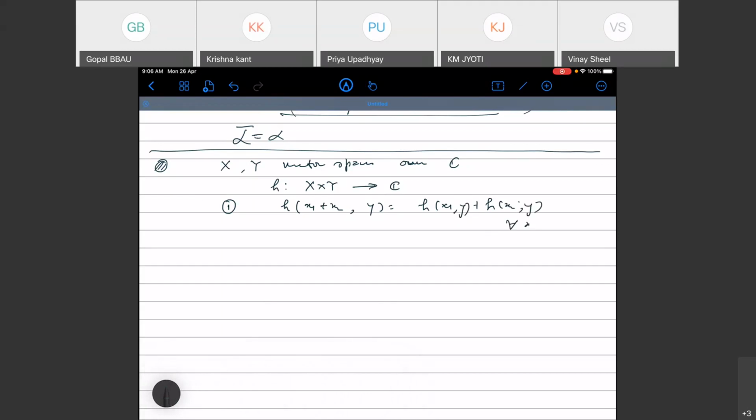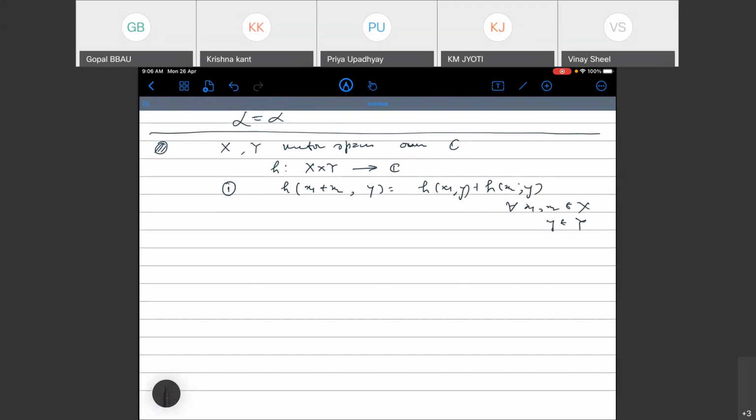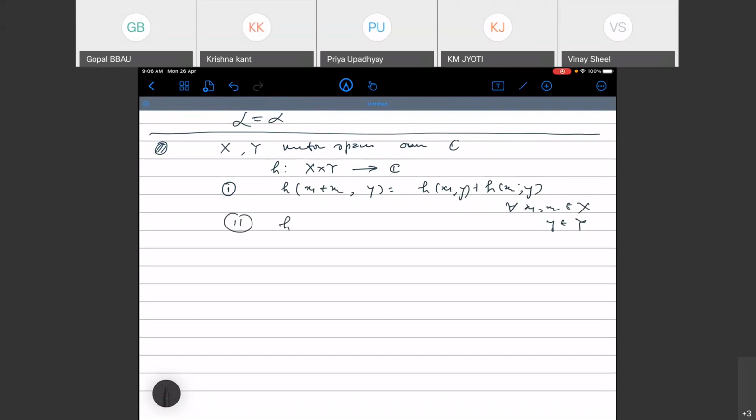This is true for all x1, x2 in X and y in Y. Secondly, h(alpha x, y) is alpha h(x, y), and this is true for all alpha in C, x in X and y in Y. But it is antilinear or conjugate linear in the second coordinate.